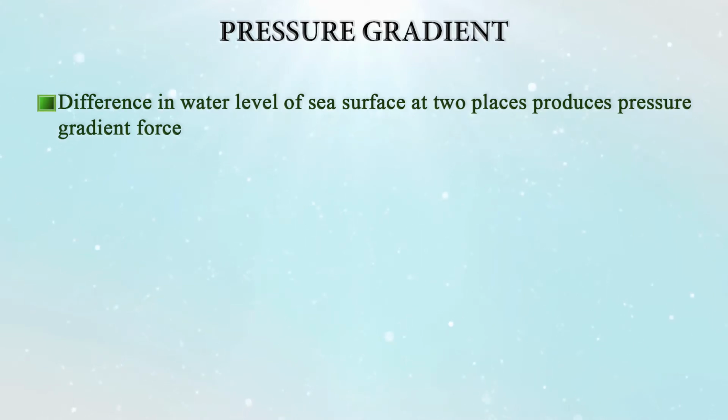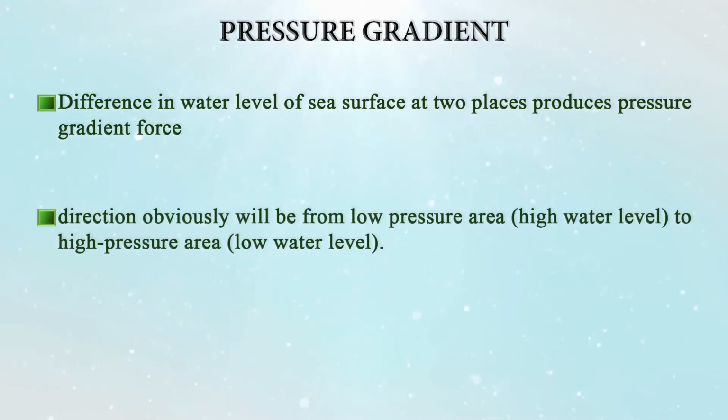When in low pressure areas, the water level is high compared to the high pressure areas, where pressure is exerted on the water surface and the water level is low. From the high pressure areas water is pressed below, and so there is a subsurface current from the high pressure area to the low pressure area, and along the surface the current moves from low pressure areas to the high pressure areas, because there is always a flow of water from high water level, which is the low pressure area, to the low water level, which is the high pressure area.